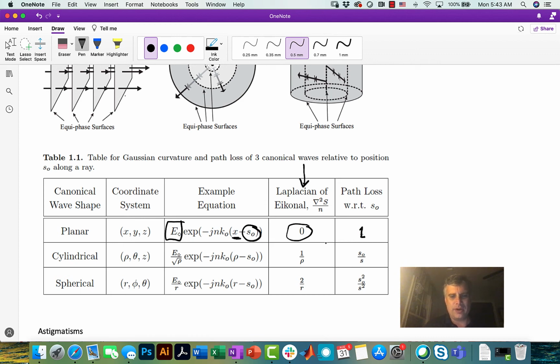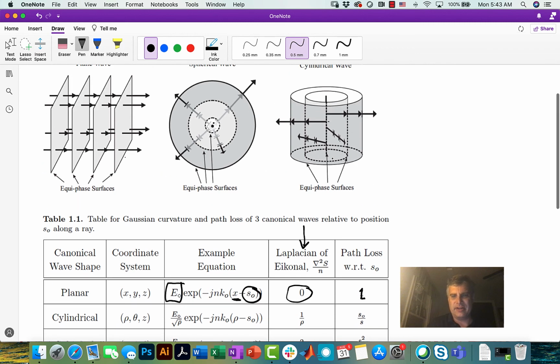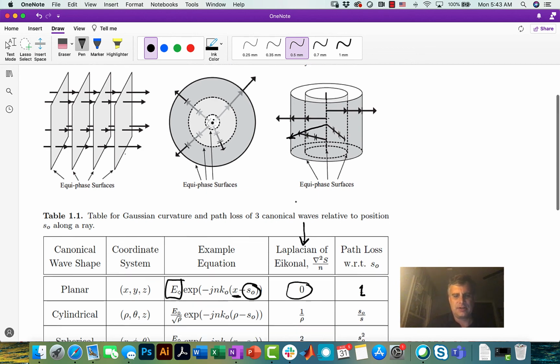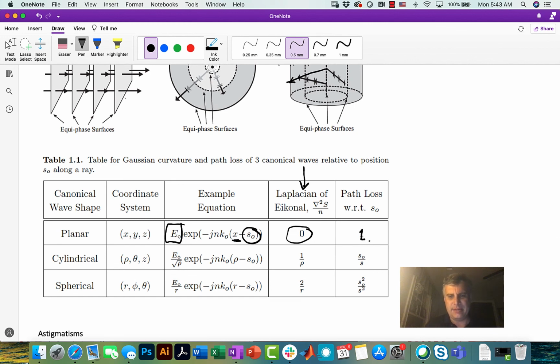In the cylindrical wave, we have a different situation. The Laplacian evaluates to 1 over rho, where of course we're using the electrical engineering rho, that is the distance from the z-axis. And the path loss is going to be related to whatever your starting point is divided by the point that you've advanced along a ray at distance s.